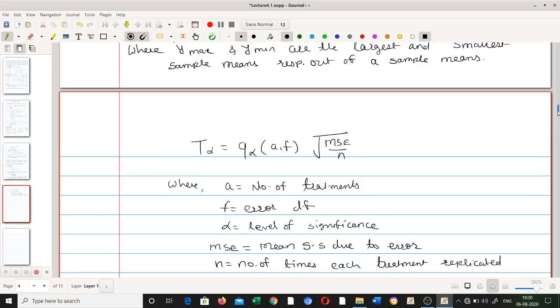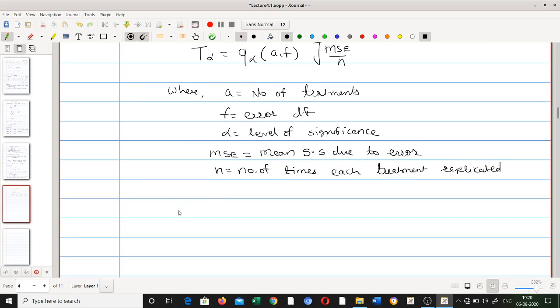If ni's are different, then T alpha will be like this: Q alpha, a comma f, upon square root of 2, into square root of MSE into 1 upon ni plus 1 upon nj.